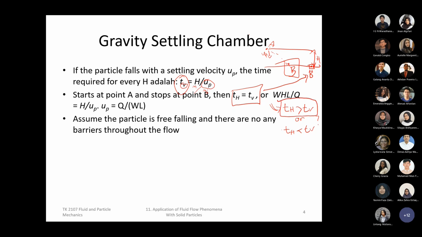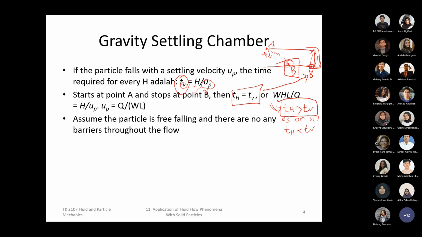Okay, you can imagine, just use a quick number. Let's say you have 10 seconds for particle A to get to the end of the horizontal chamber. And what if I only require 5 seconds to settle into the vertical part?